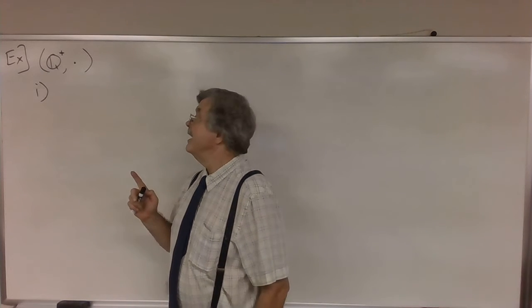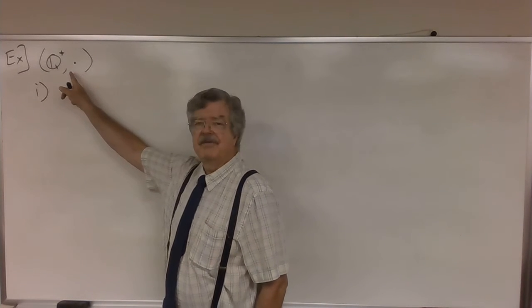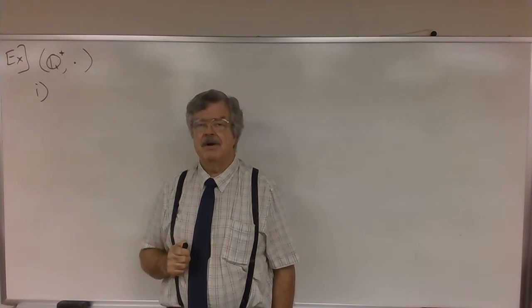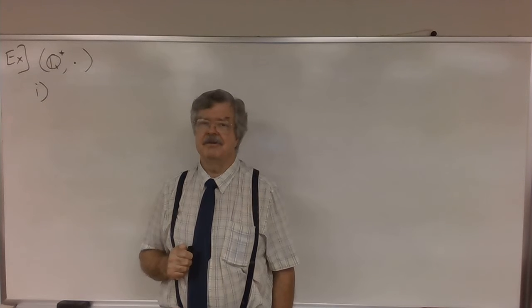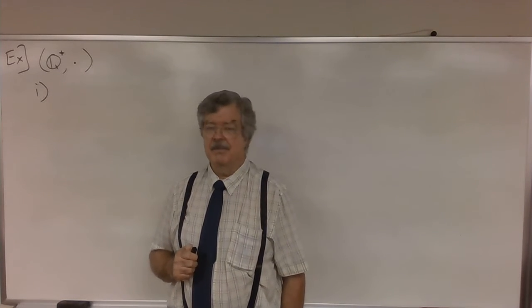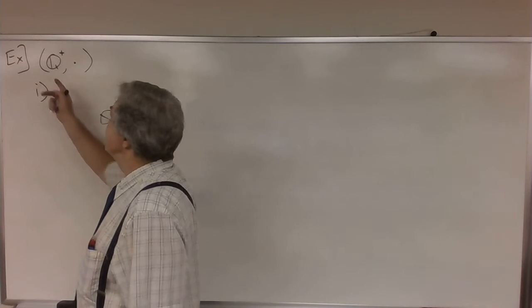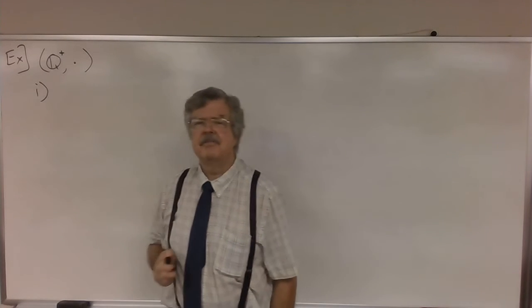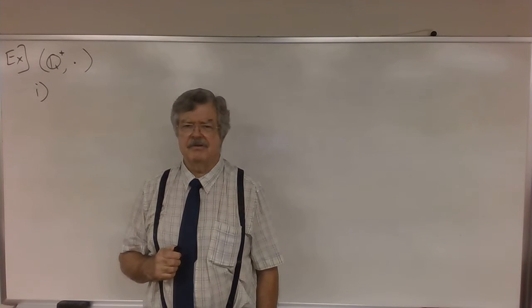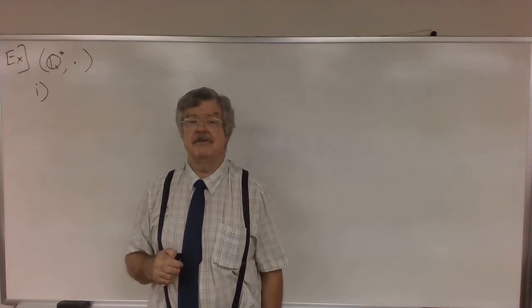Specifically, if we take two positive rational numbers and multiply them together, do we always get a positive rational number? And the fact of the matter is we do. Remember what a rational number is. It's a number that can be written as the quotient of two integers, the denominator, of course, being non-zero.